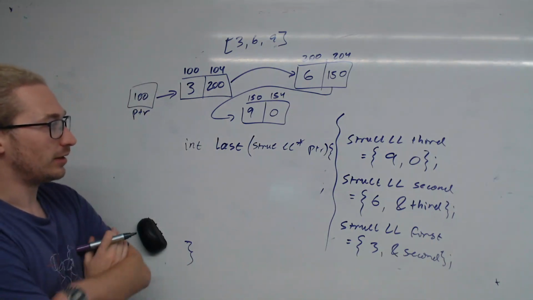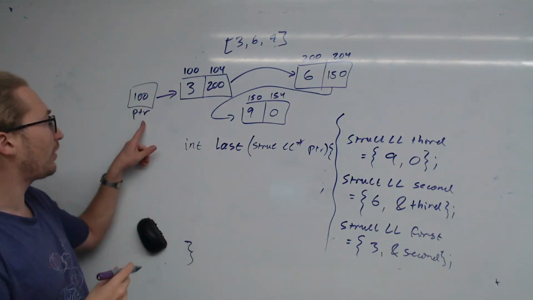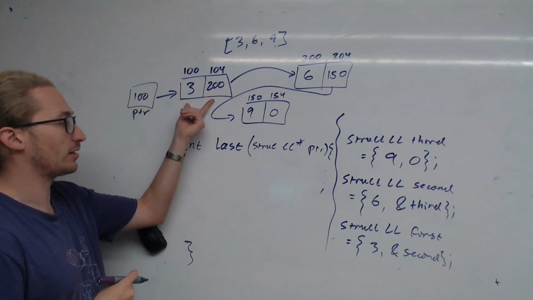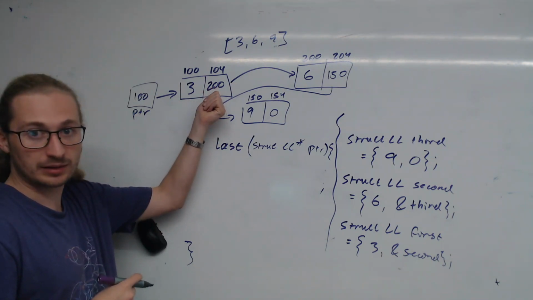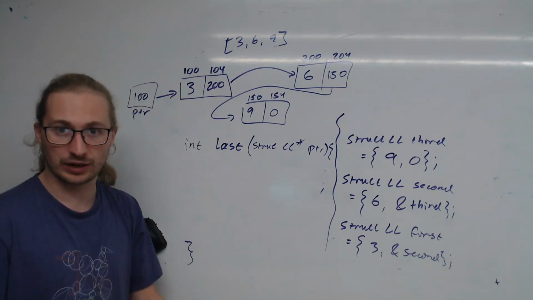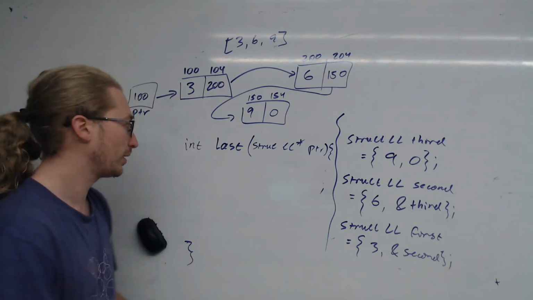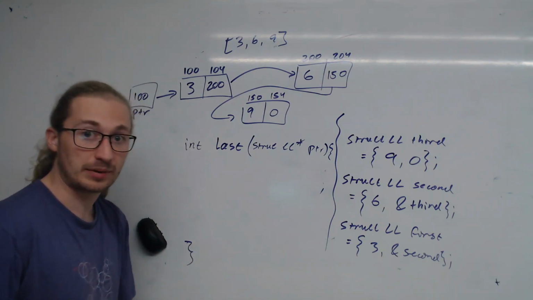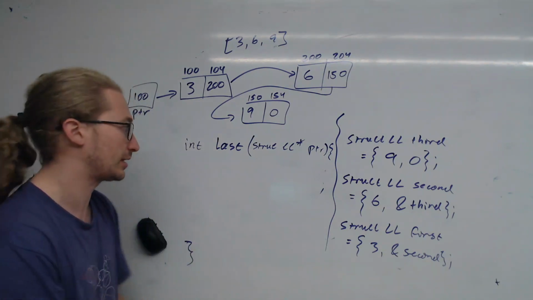And so how are we going to do this? I have to check if this pointer is pointing at a struct where the second element is a null pointer. Because if it is, that means I've found the end, right? So I want to basically have a loop to check that. And every time it isn't a null pointer, I move to the next element.